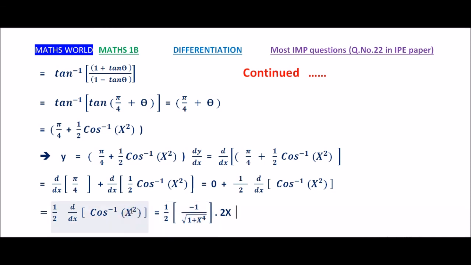And derivative of the inner term x square is 2x. So half into d by dx of cos inverse x square is equal to half into minus 1 divided by root of 1 minus x power 4 into 2x. Here 2 will be cancelled, so that is equal to minus x divided by root of 1 minus x power 4.